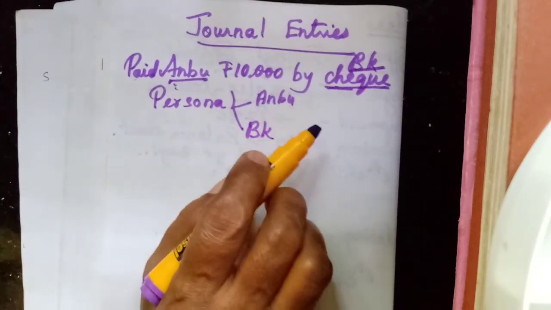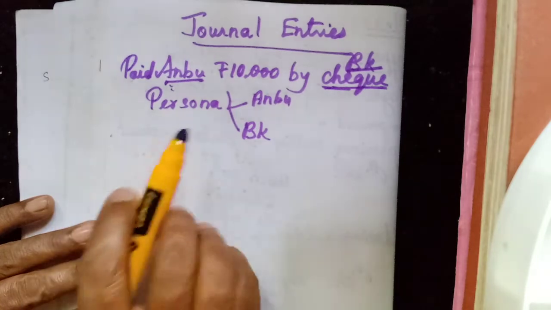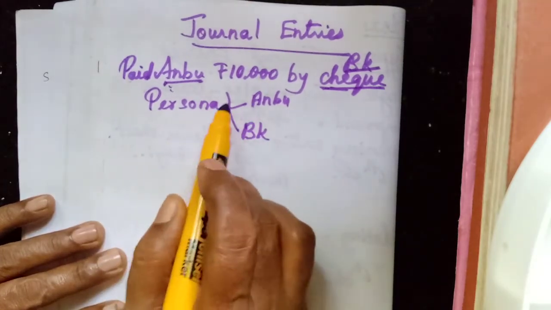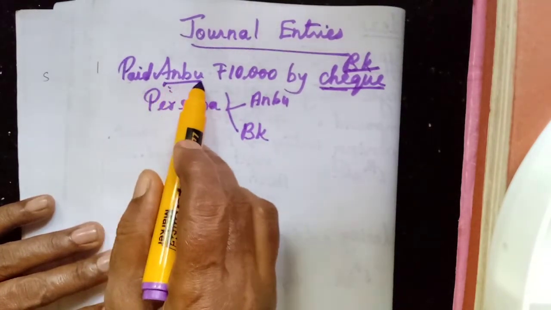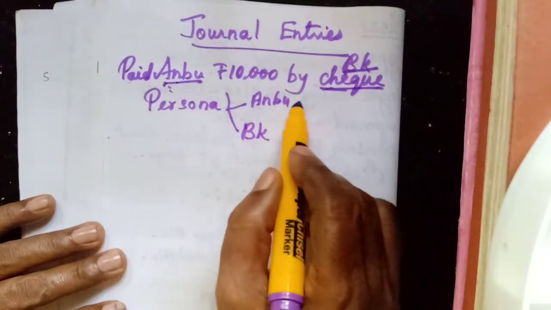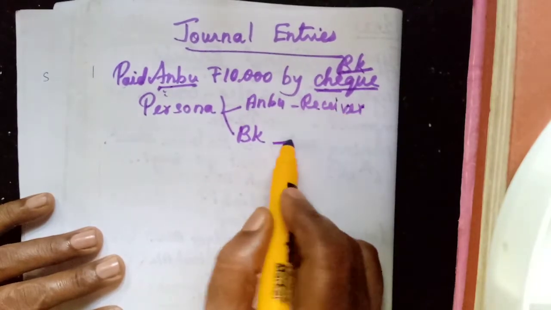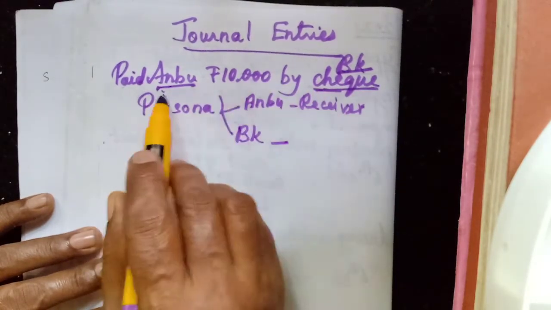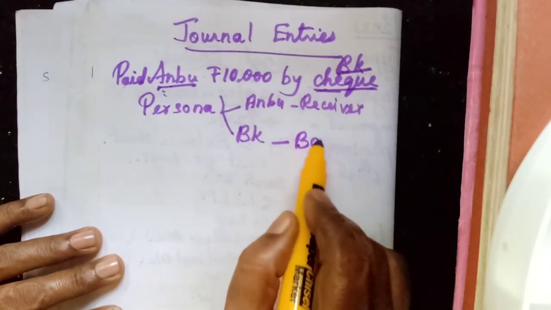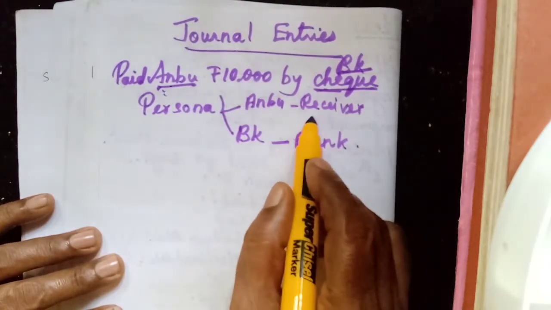Now you have to apply the rule. What is the rule? Debit the receiver, credit the giver. Who is receiving? Paid Anbu. Anbu didn't pay, we are paying Anbu. So Anbu is the receiver. Then who is giving that amount to Anbu? The bank. Sorry, receiver, giver.